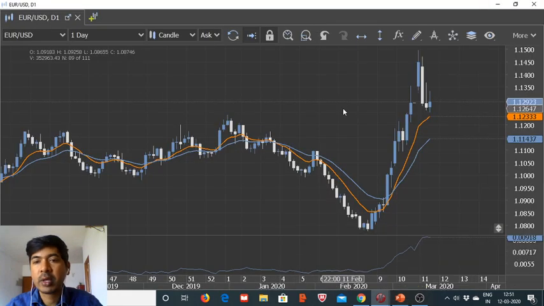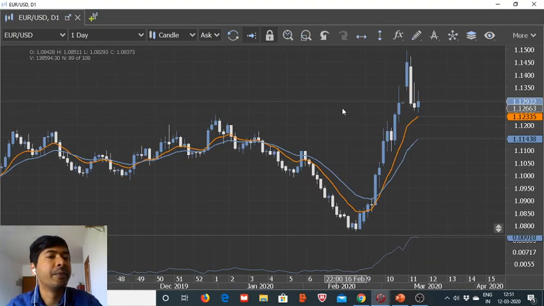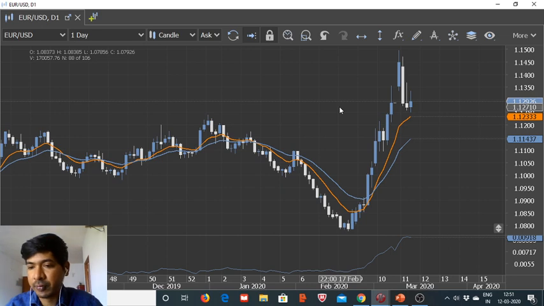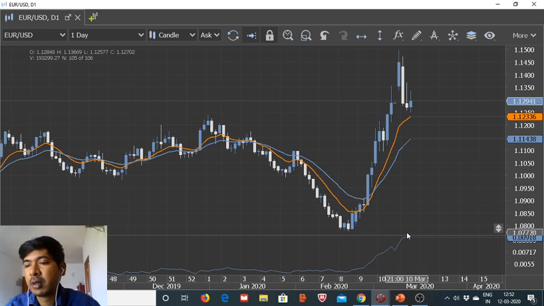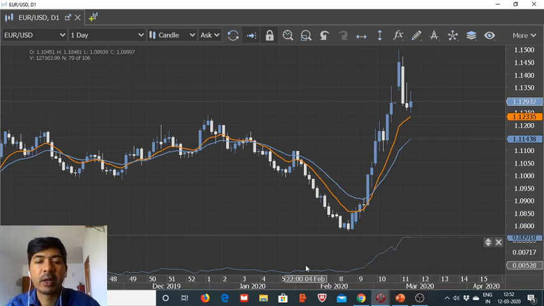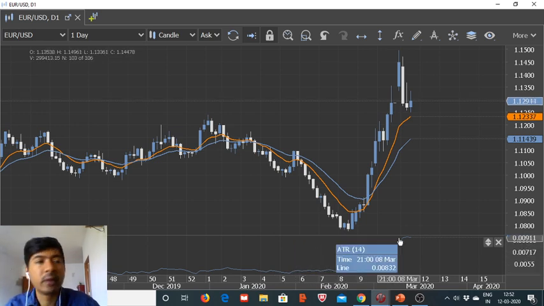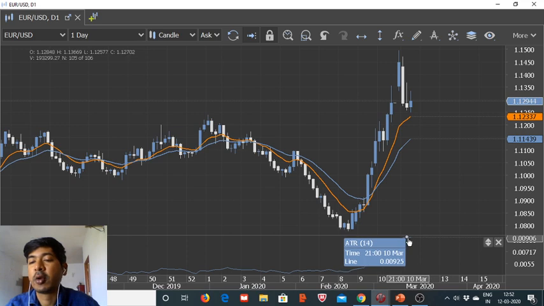I would like to give you a brief idea of the underlying theme of our algorithm. This is the ATR, and as you can see, because of the high volatility we have seen in the recent past, the ATR is elevated compared to prior days, and these days the euro's ATR is almost 90 pips.